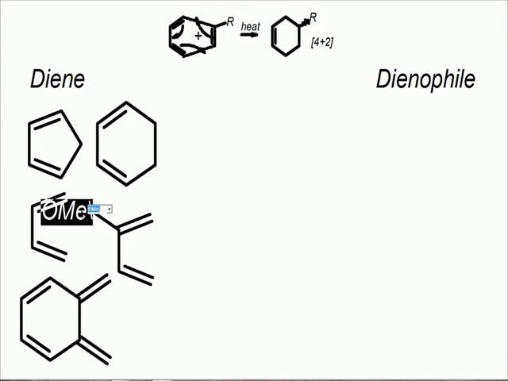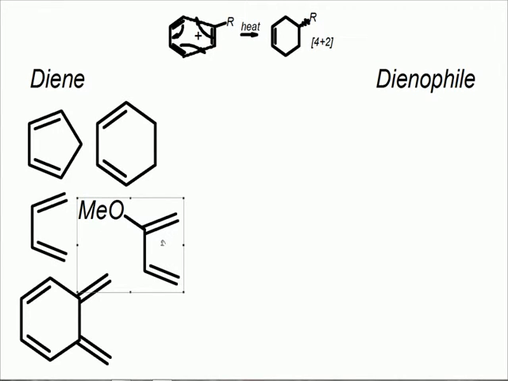Oops, let me redraw that. There we are. You can have ethers there. Those ethers are electron donating. They're not going to react, because ethers are generally dead substituents, but that'll push electron density in and make this a better diene.